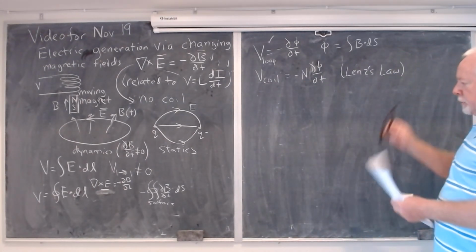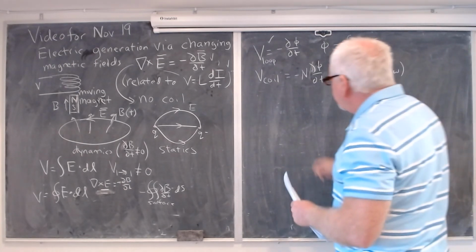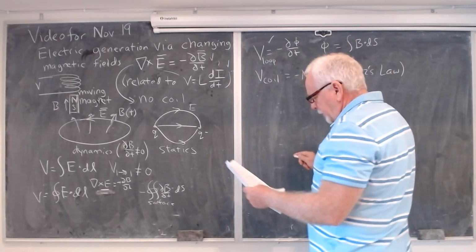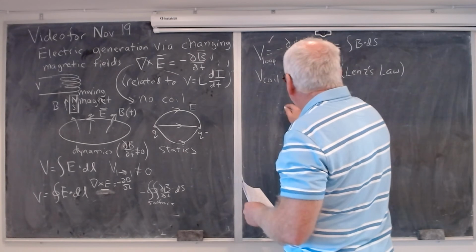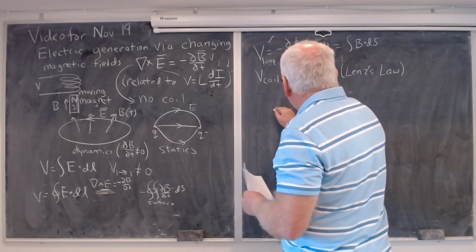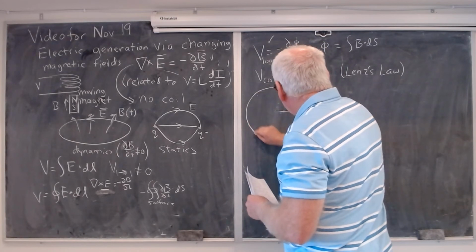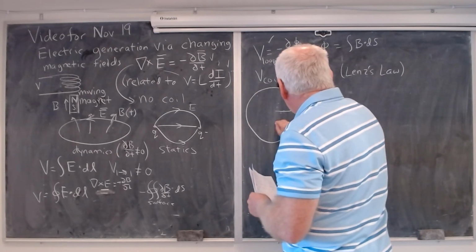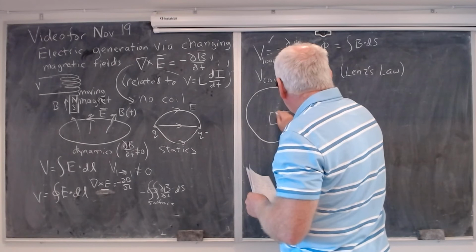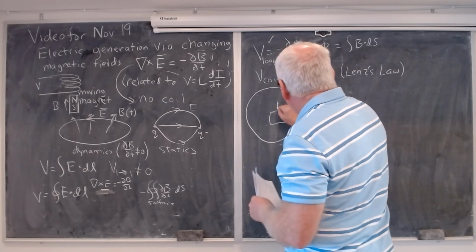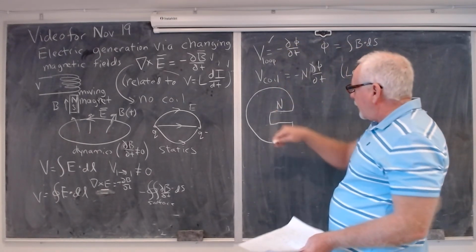All right, so everyone always does the simple example of a straight coil and a magnetic field. So I'm going to do my rough drawing here of a magnet. Okay, this is a magnet, a horseshoe magnet, north-south.